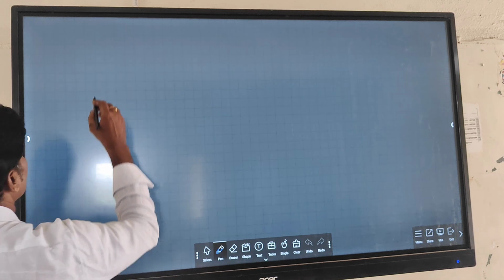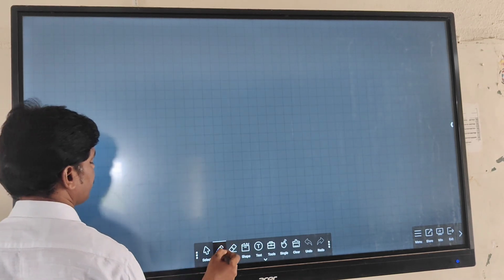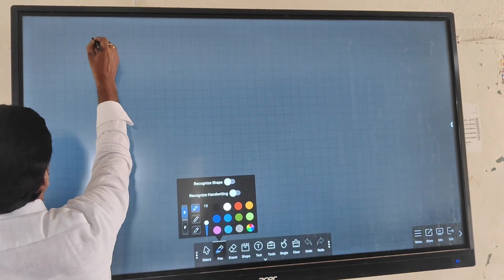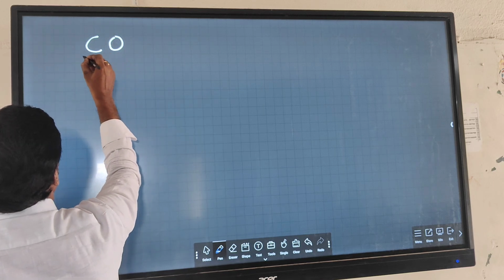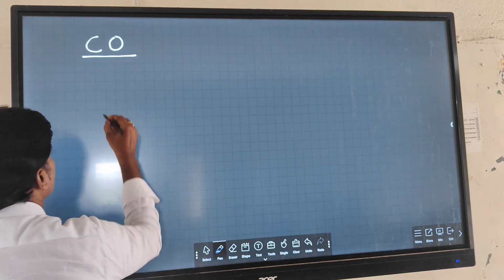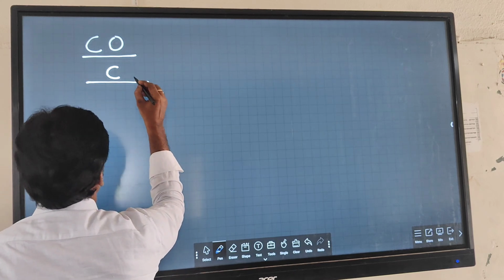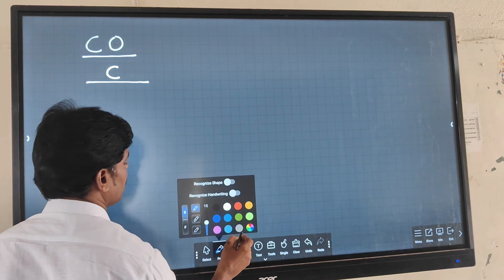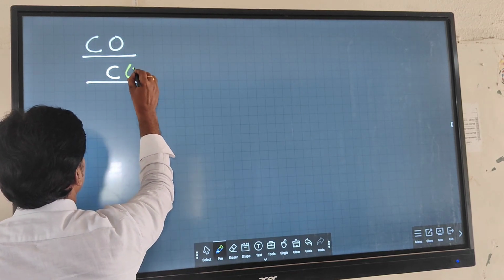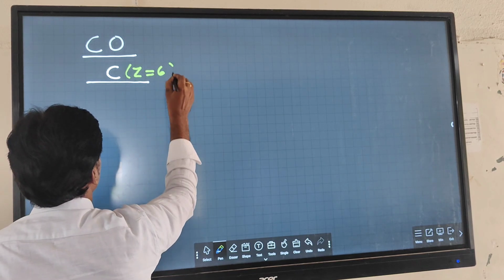So first, carbon monoxide, CO. In this molecule, carbon is one atom. The atomic number of carbon, Z, is equal to 6.